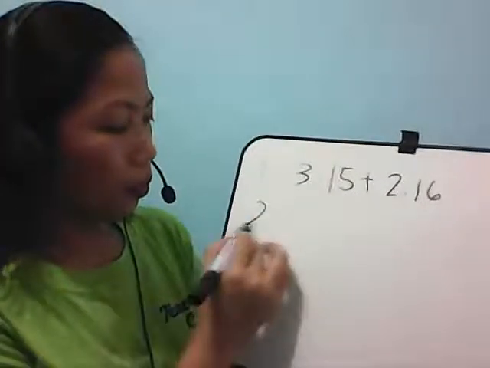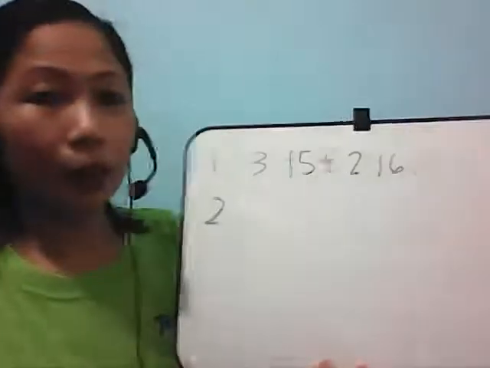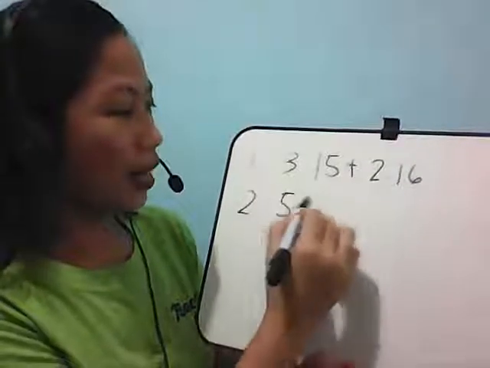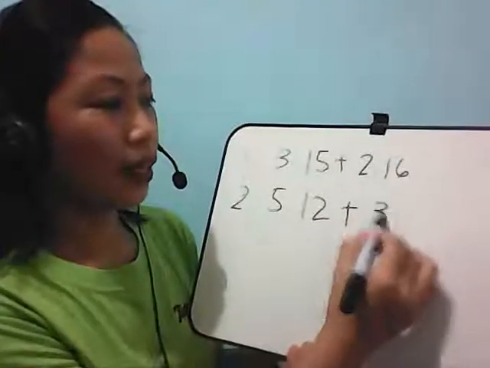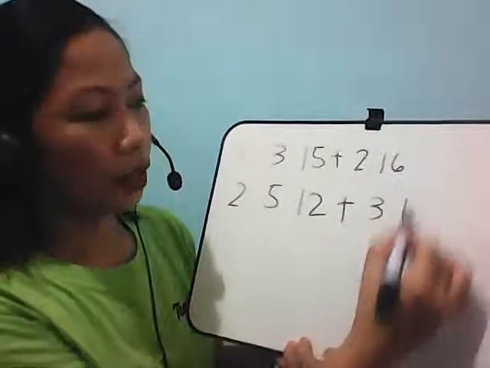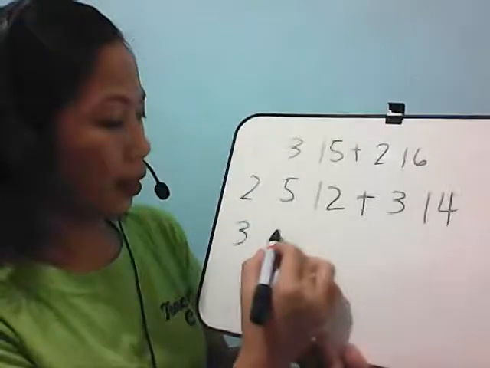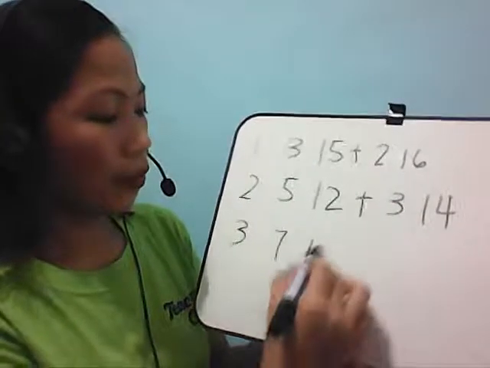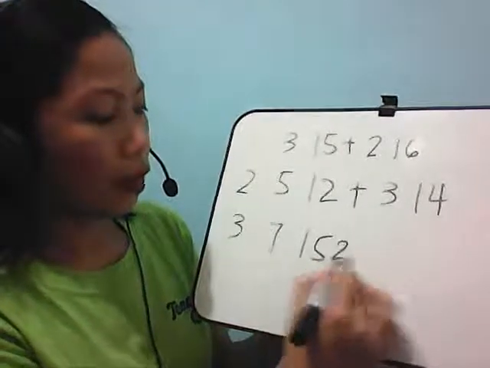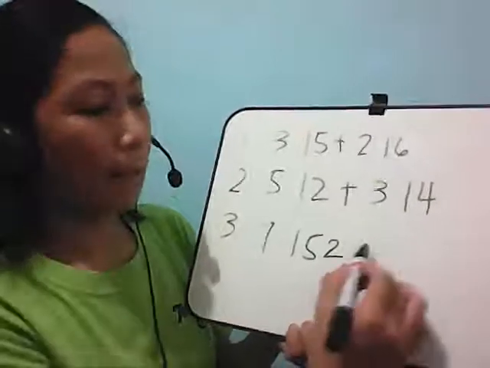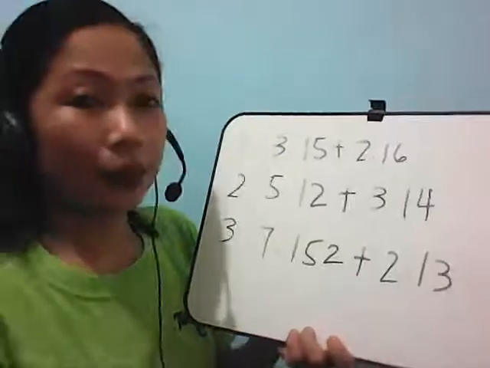Number two is 5 and 12 hundredths plus 3 and 14 hundredths. And the third one is 7 and 152 thousandths plus 2 and 13 hundredths.